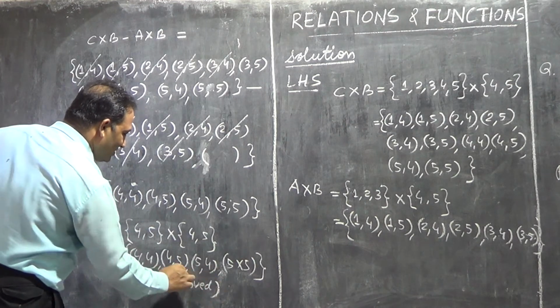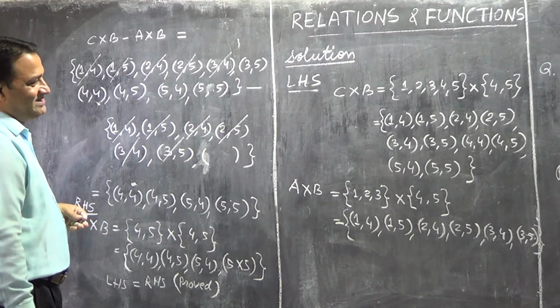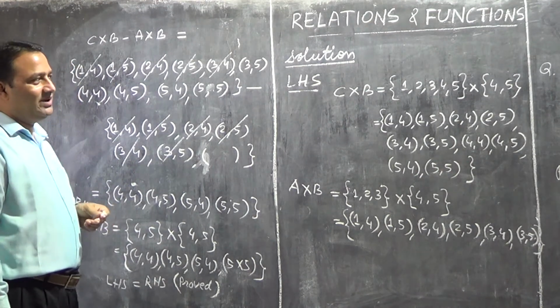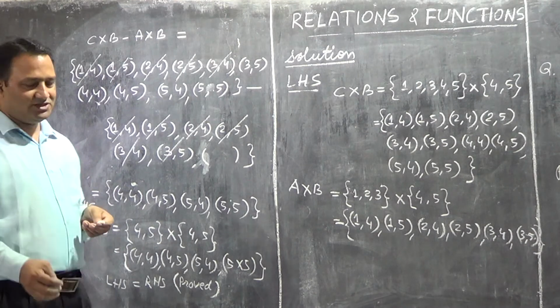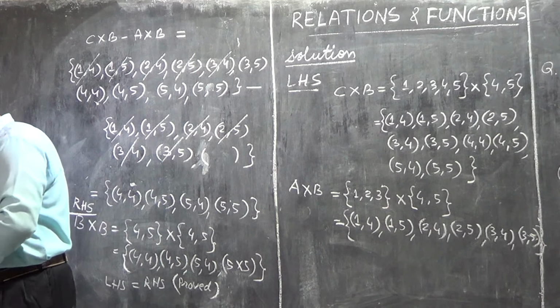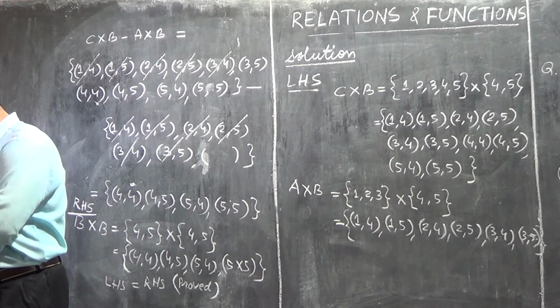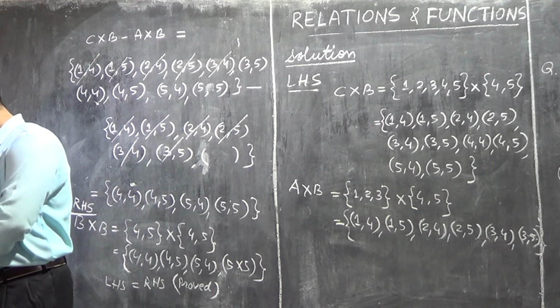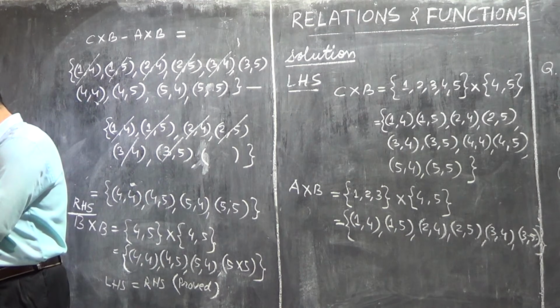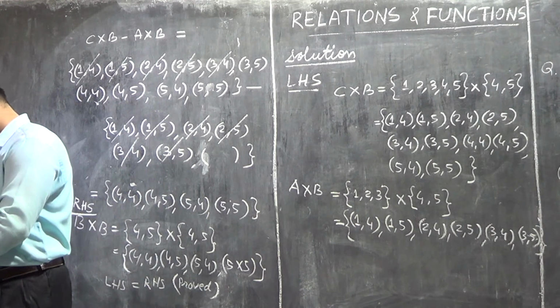This is what the question was asking: prove that C cross B minus A cross B equals B cross B. So we can take one more problem now.